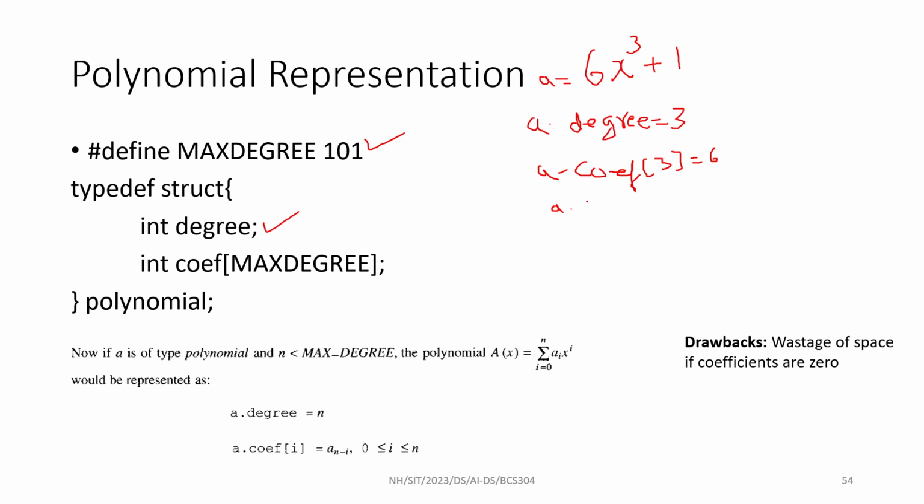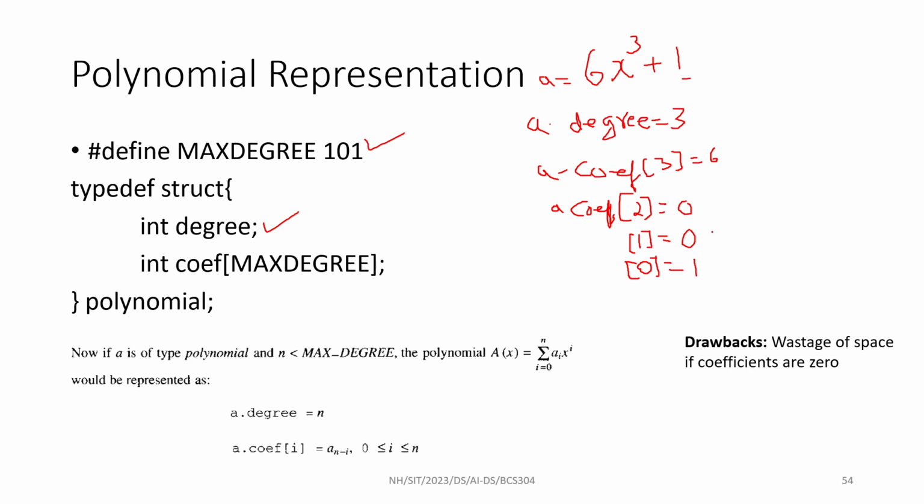A dot coefficient of 2, nothing is there, so 0. A dot coefficient of 1, that term is also not there, so 0. A dot coefficient of 0 term, 0 term is there, that is 1.